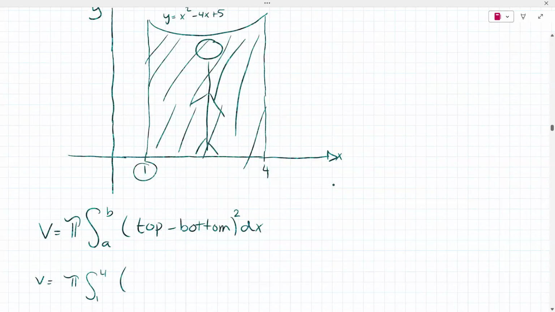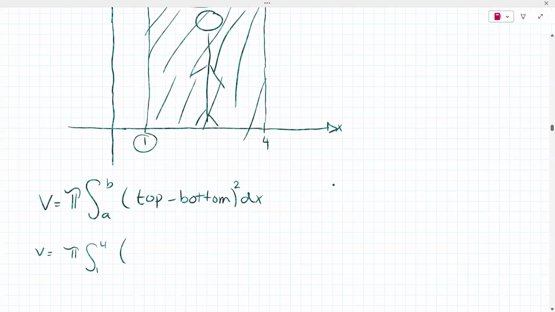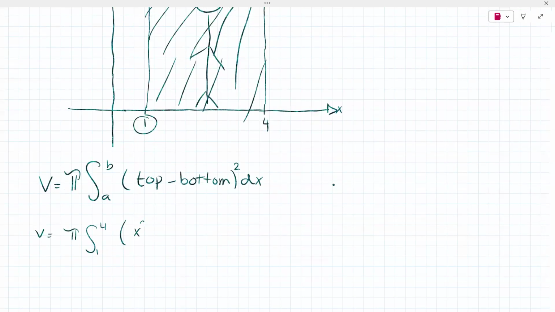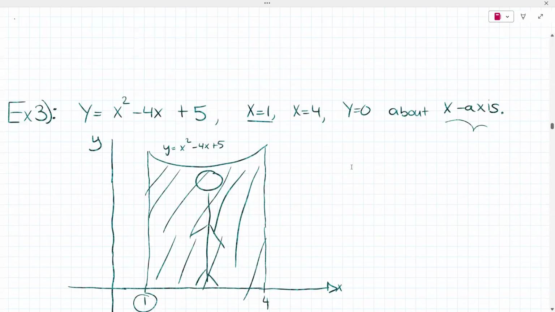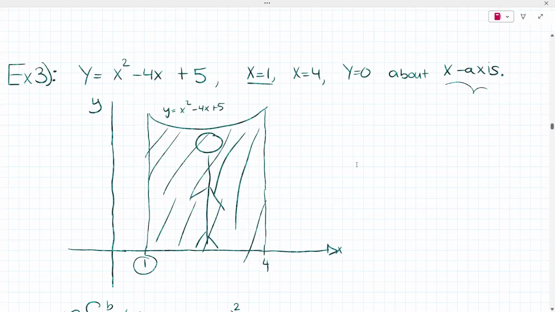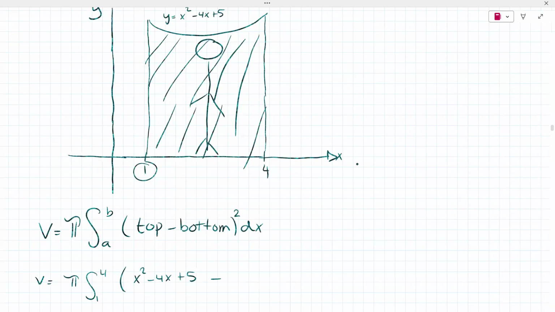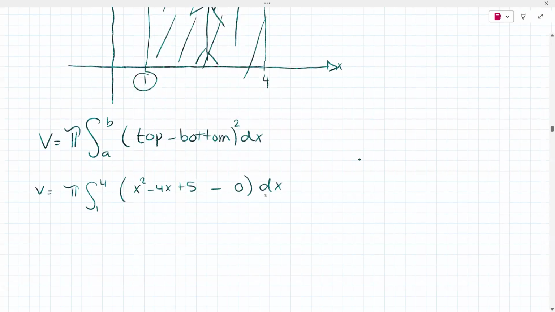So our top is the polynomial, minus the bottom, which is y equals 0. Then we have to put a dx because it's volume around the x-axis, and everything's in terms of x, right? And we've got to square this.